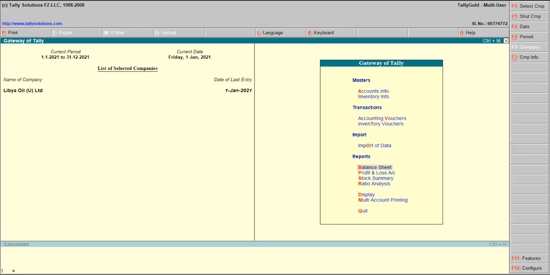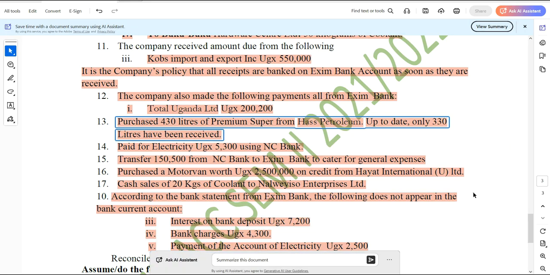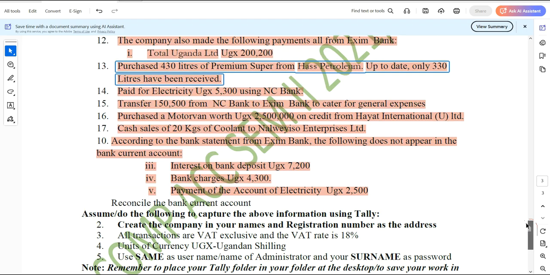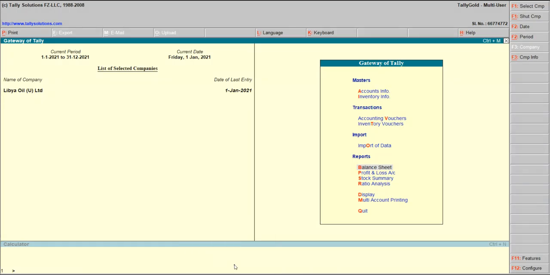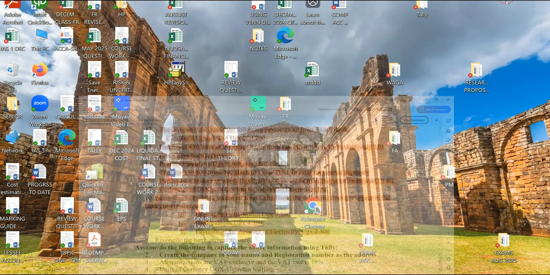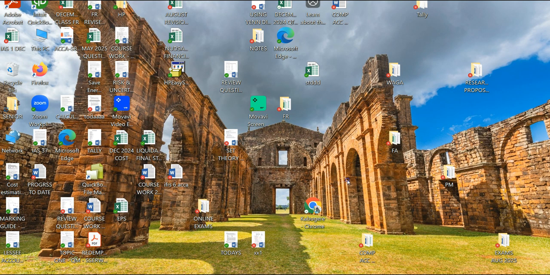Now, according to the question, you are required to place your tally folder in your folder at the desktop to save your work. Okay. So what I'll do, I'm going to escape because I've entered everything. So we are done. So you quit. Now you move to the desktop. You can create a folder.